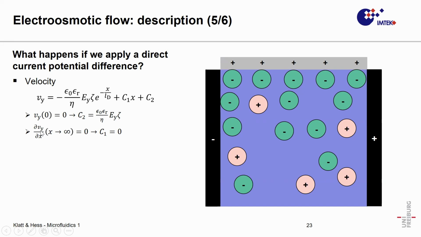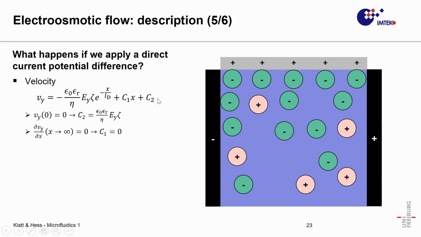And if we use the second boundary condition, so that there is no change in velocity at a far distance to the wall, we will find out that the constant C1 equals 0. So we derive it once.